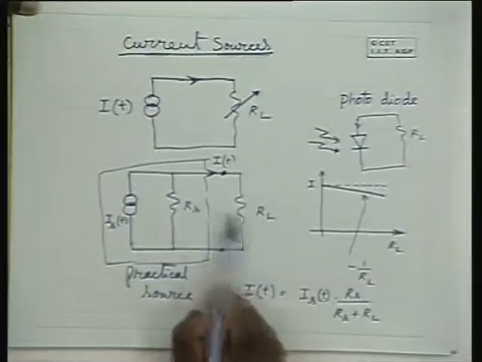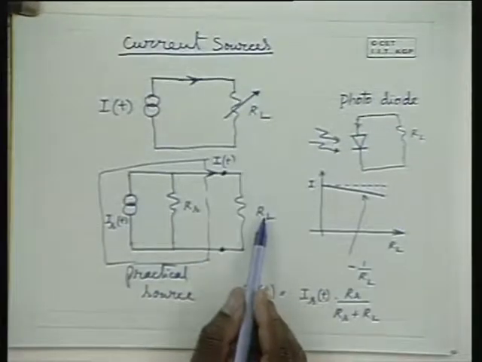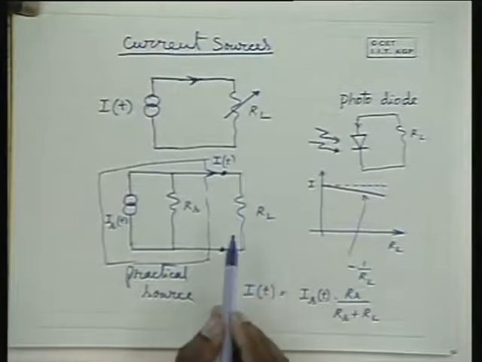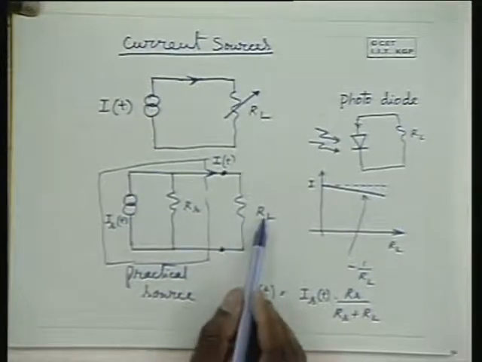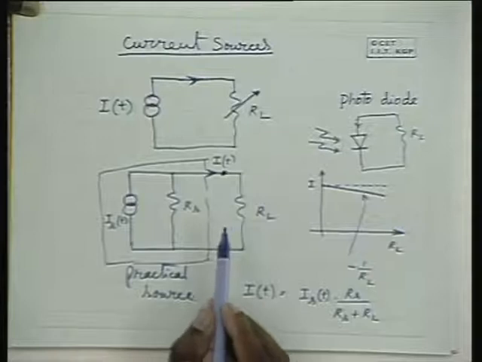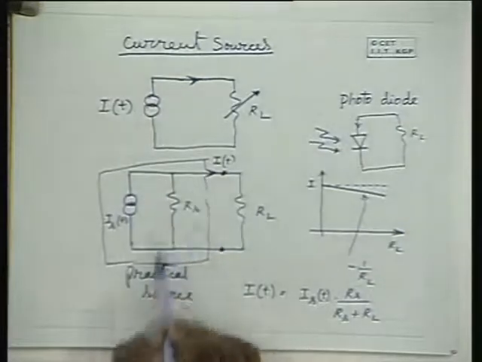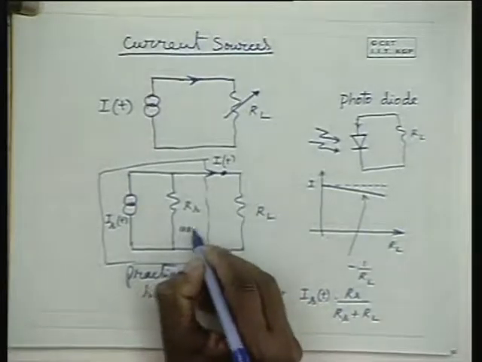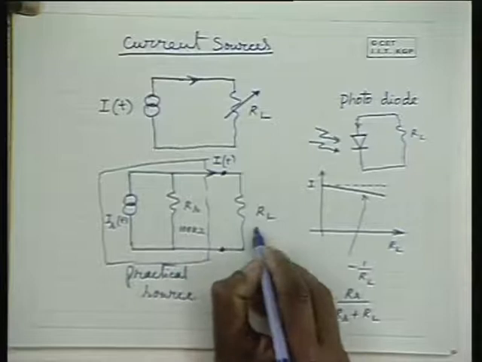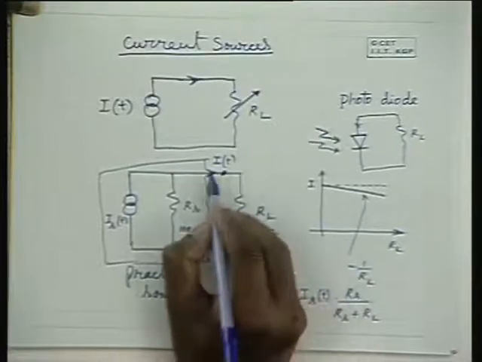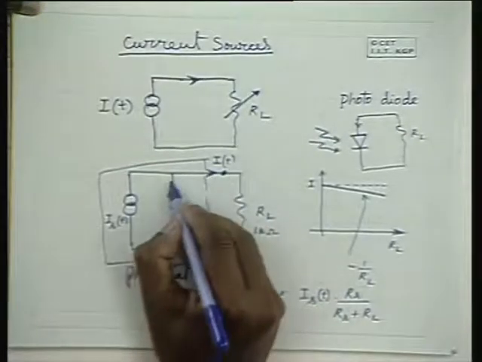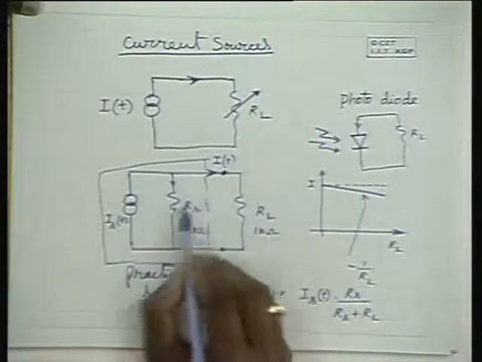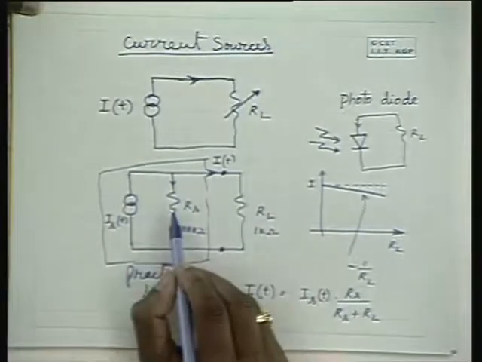And in this case, RS should be much larger than RL. Otherwise, what happens? If RS is smaller than RL, then this current appreciably changes with changing RL. If this is of the order of 100 kilo ohms and this is 1 kilo ohm, the current flowing through this and the current flowing through this are in the ratio of 100:1.